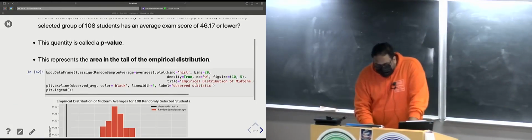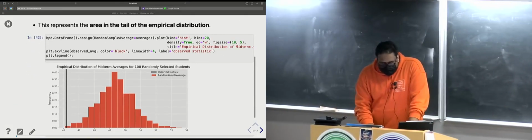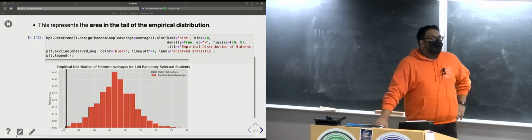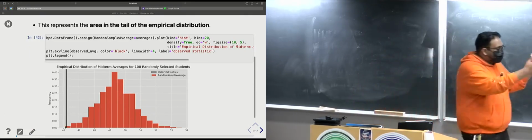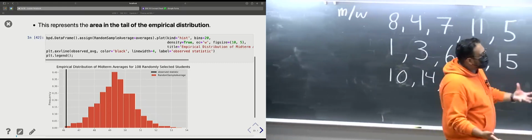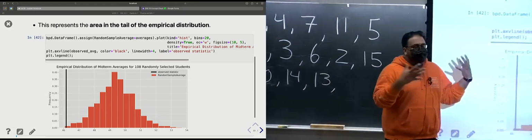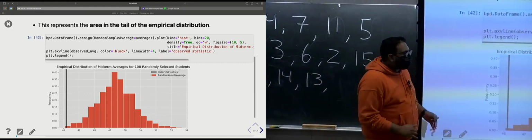And so let's just look at it visually. Here, the p-value is the area to the left of this black line. Okay, because, again, this distribution represents the distribution of midterm averages for 108 randomly selected students from the whole course.